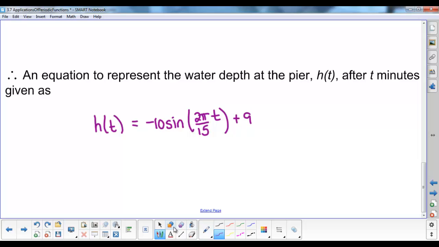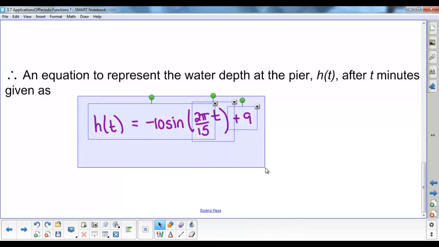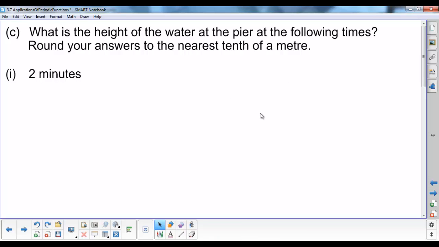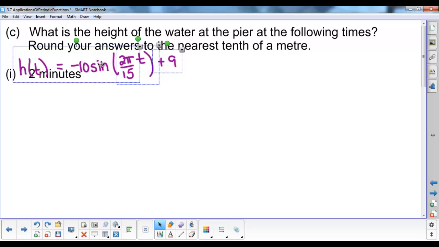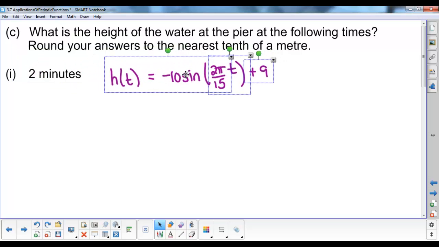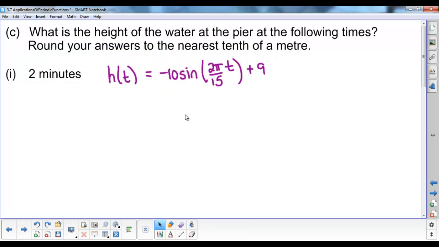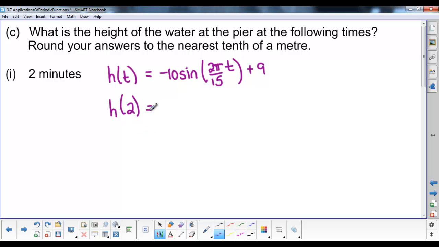So now we can use this function to answer a few other questions. It says, what is the height of the water at the pier at the following times? So I'm just going to recall our equation here. It's asking us to find the height of the water at 2 minutes. So 2 minutes represents a time. We want to find the height at 2 minutes.